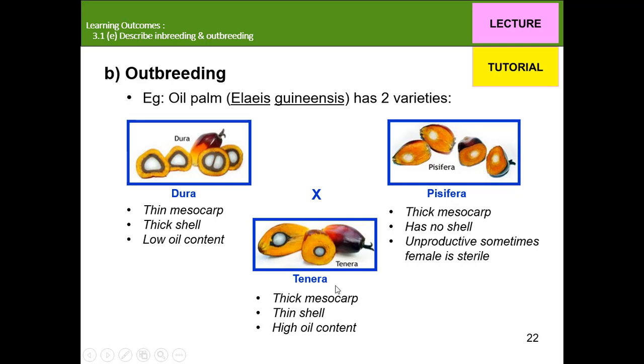So it will produce a generation of Tenera. Dura has a thin mesocarp, thick shell and low oil content, crossed with Pisifera, which has a thick mesocarp, has no shell, is unproductive, and sometimes the female is sterile. So the generation produced, Tenera, has a thick mesocarp, thin shell and high oil content.